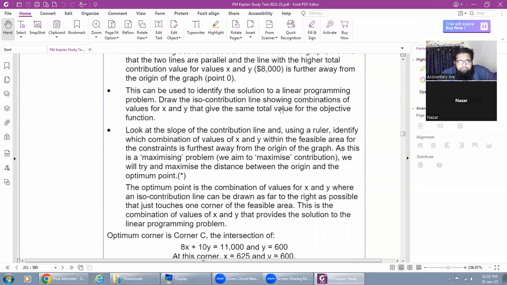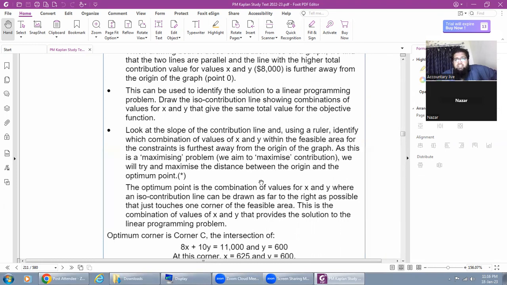Again, we look at the slope of the contribution line and, using a ruler, identify which combination of values of X and Y within the feasible area is furthest away from the origin of the graph. As this is a maximizing problem, we aim to maximize contribution. We'll try to maximize the distance between the origin and the optimum point.